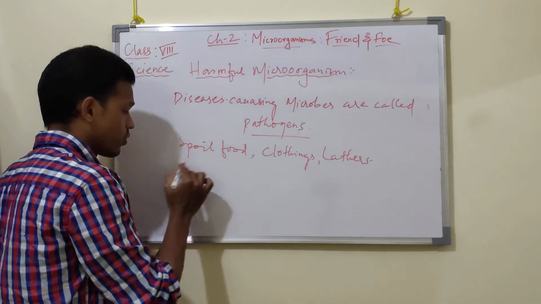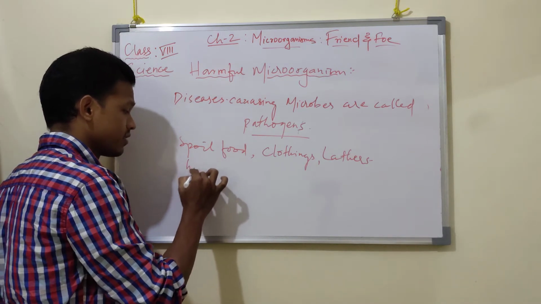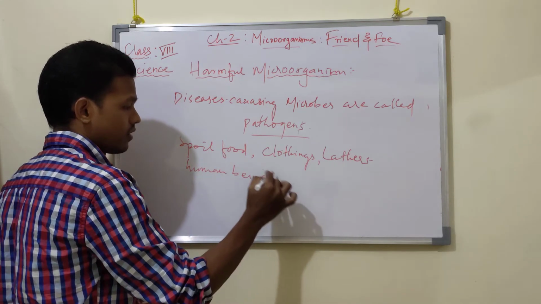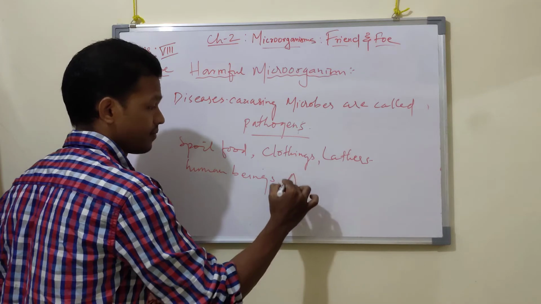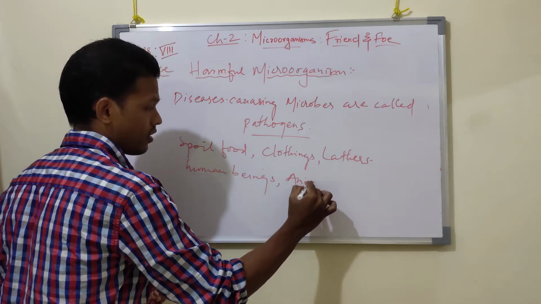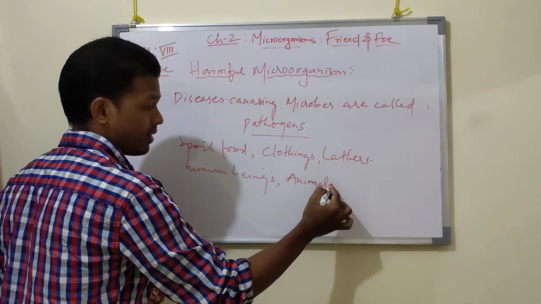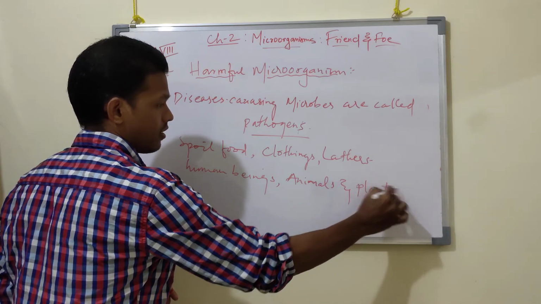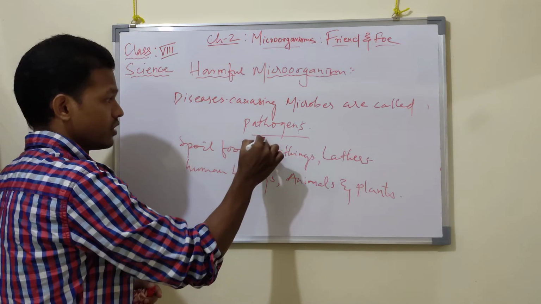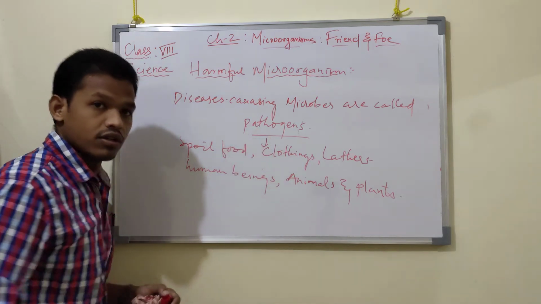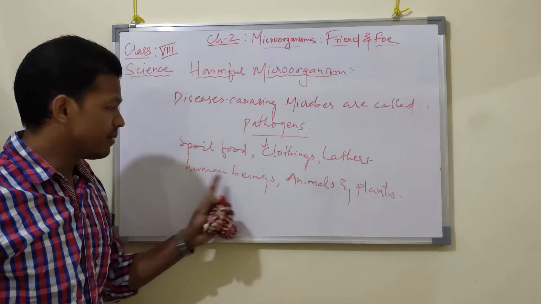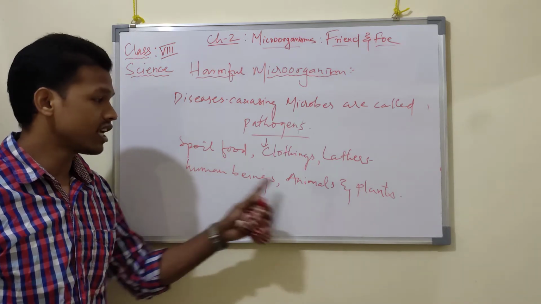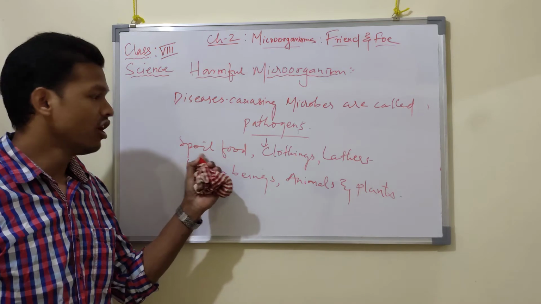They also cause diseases in human beings, animals, and plants. These are pathogens. So we'll study what microorganisms cause disease in human beings, animals, and plants. Also, we'll study about food.